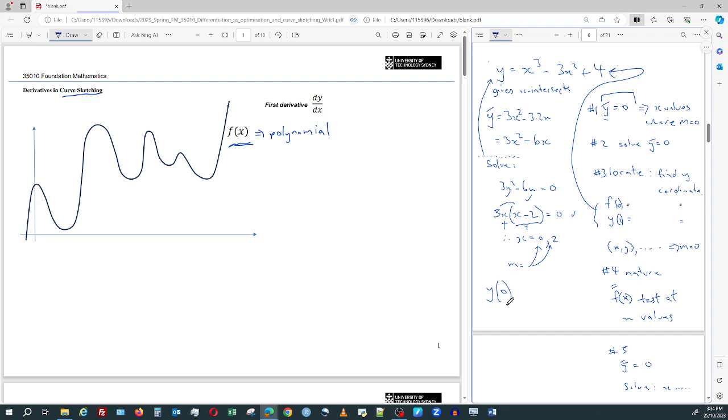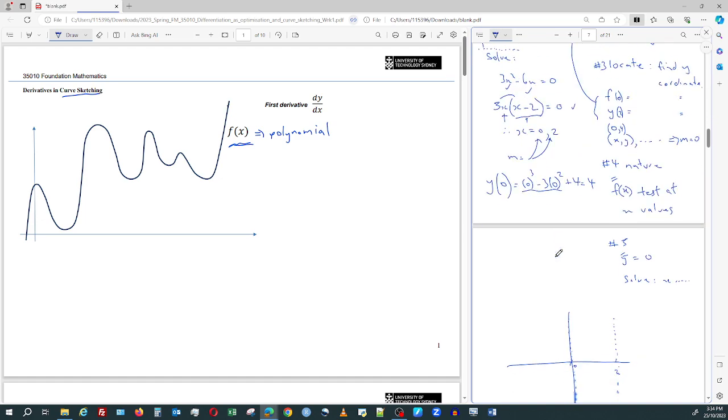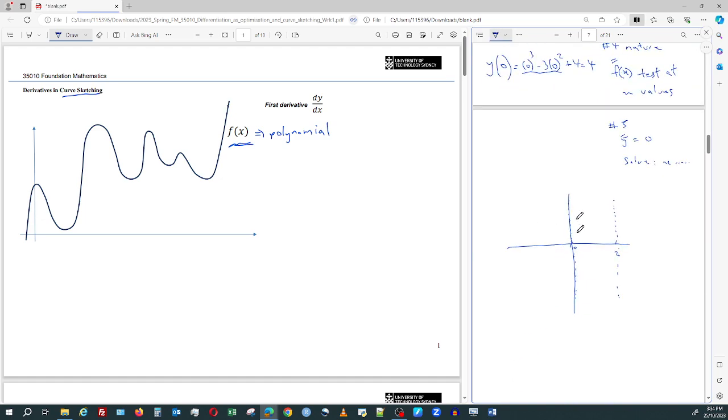Function notation: everywhere there's an x, we will put a 0. So this is the original now. What are we doing here? We're finding the y-coordinate. Everywhere there's an x, you put a 0. Now they're all 0, so that means the y-coordinate is 4. So we've got an xy pair of 0, 4. If we scoot down here, we can see x is 0, y is 4.